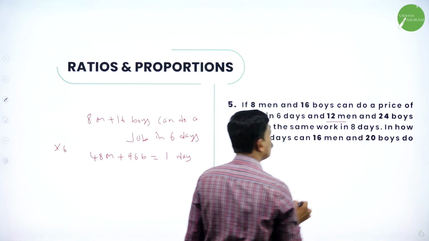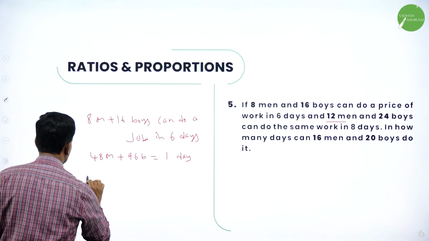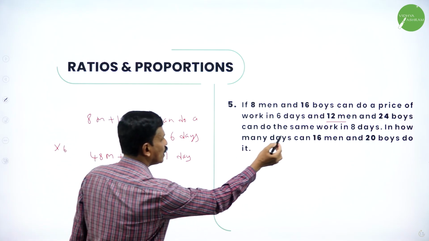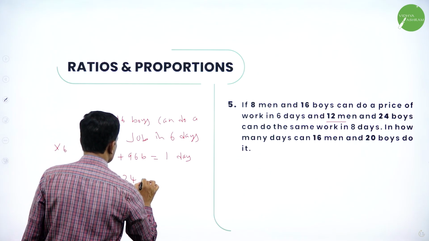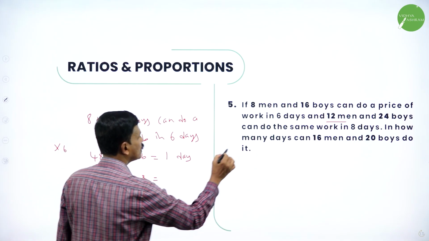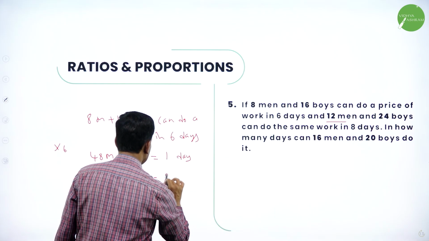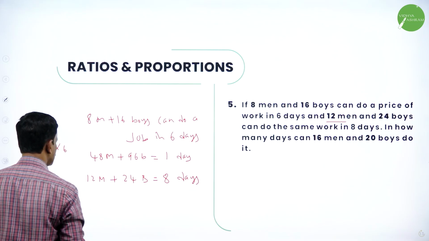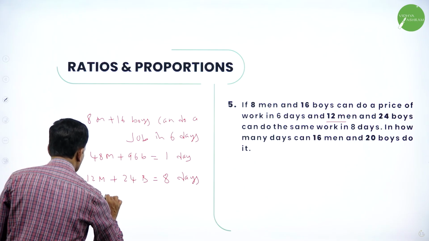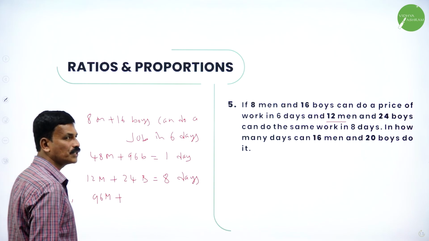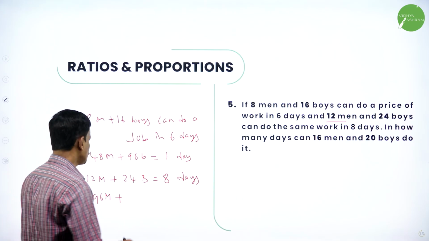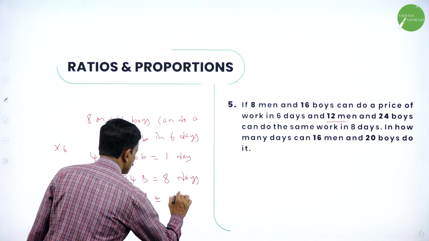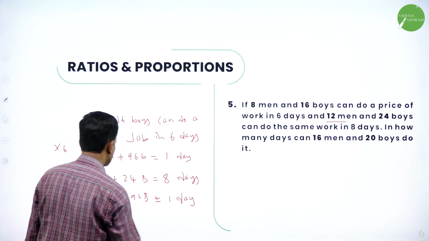Similarly, what is the second condition? 12 men and 24 boys can do the same work in 8 days. Just multiply by 8. If you multiply by 8, 96 men plus 24 into 8, that is 192 boys, can do the same work in 1 day, right?